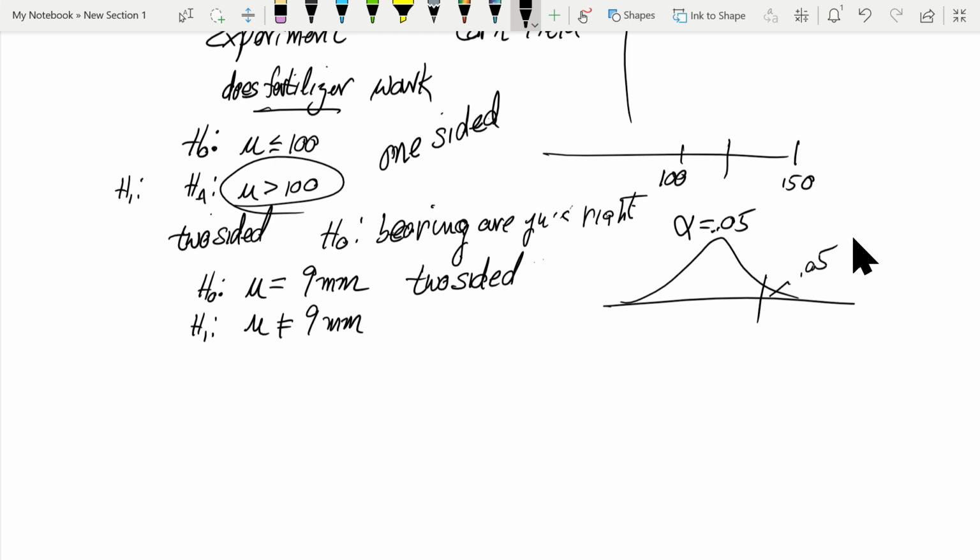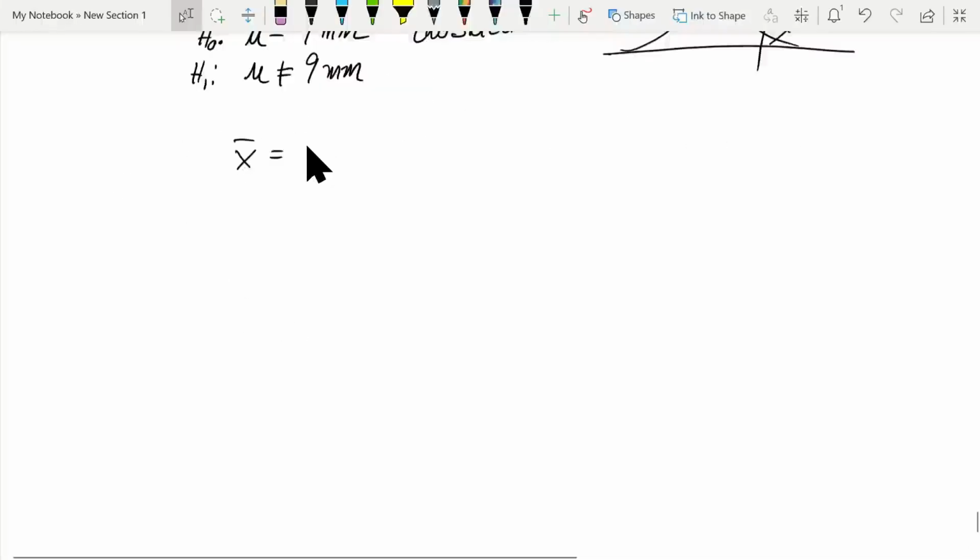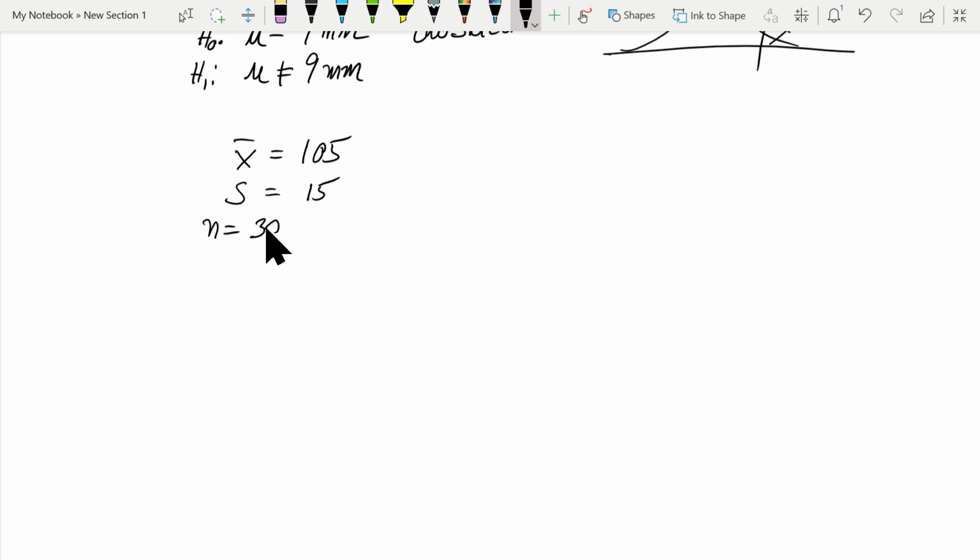Right here on this one I had, what did I have? Well, let's make one up. Sample average is 105. Standard deviation is 15. I have a sample size, my number of plots where I've tested the corn, of 30.